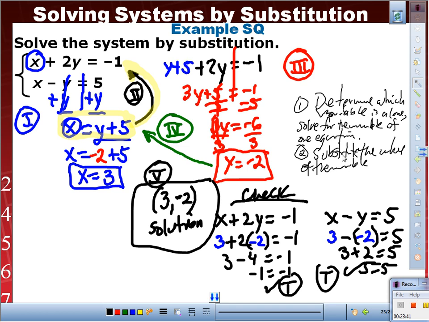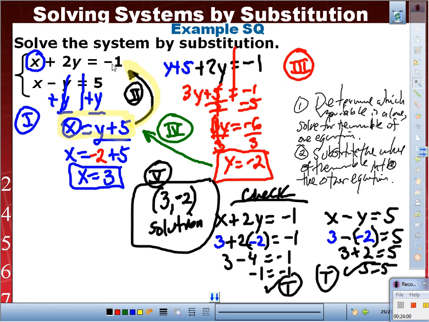Where? Into the other equation. Substitute the value of the variable into the other equation. Very good. Substitute the value of the variable into the other equation.